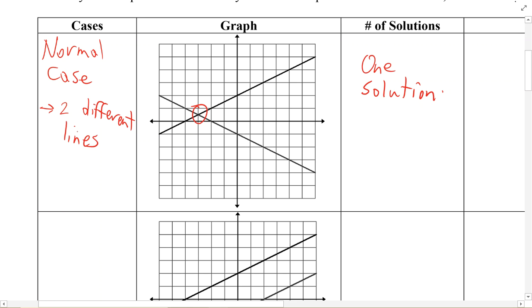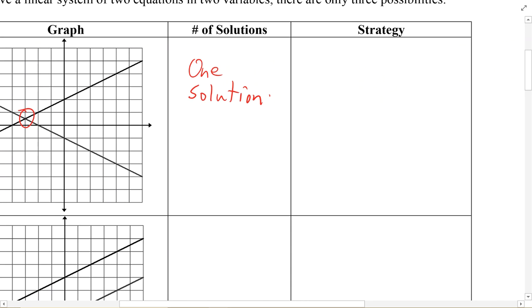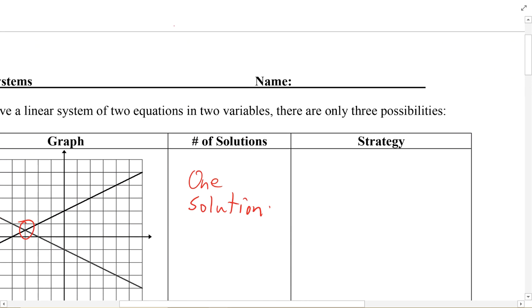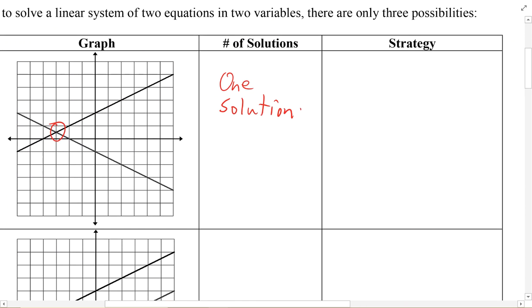Okay, so two different lines. What you're going to do is you basically have two different lines because you have different slopes. So you can turn both equations into ax plus by equals c, wherever you want it to be.